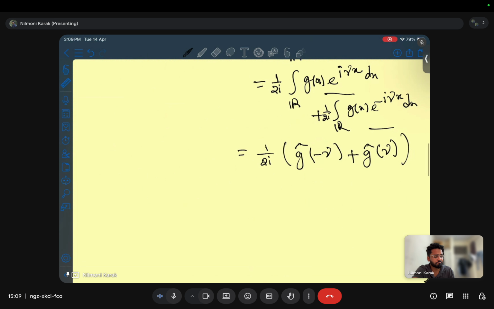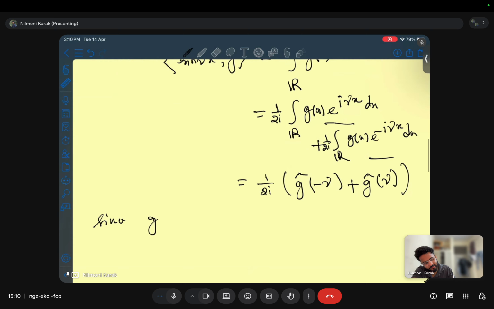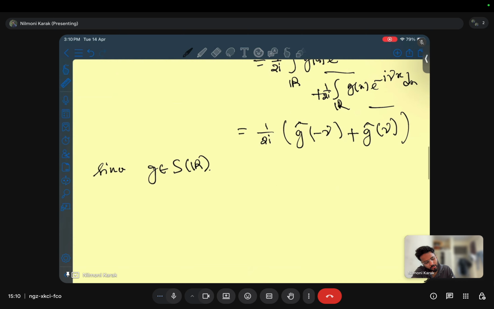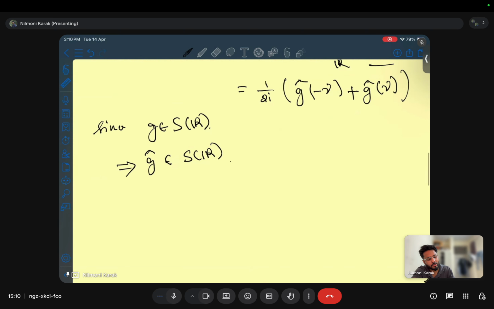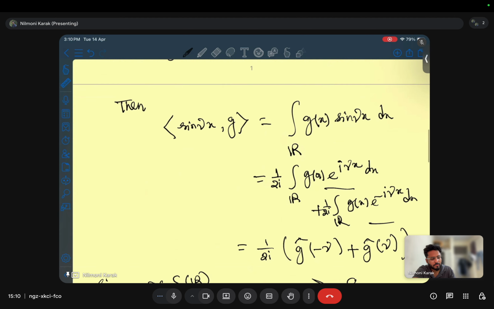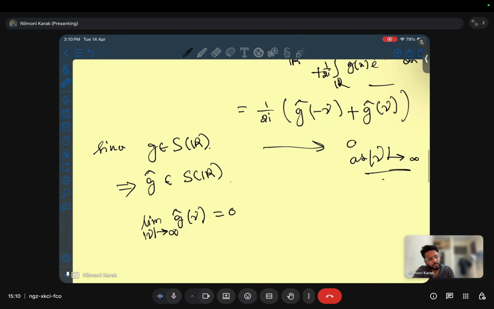One thing: since g is in SR, g hat will also be in SR, so the limit goes to 0 as nu tends to infinity, more generally as mod nu tends to infinity.